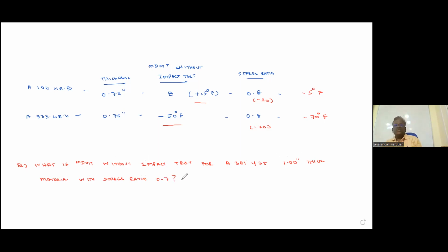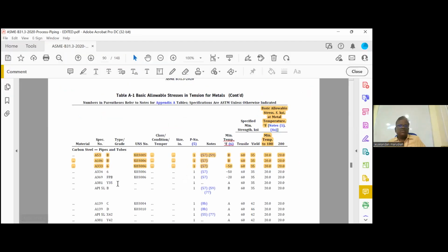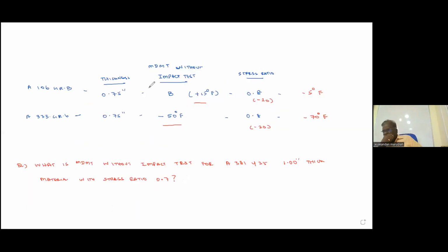Try to answer this question. A381 Y35 is in the same page only. A381 Y35 is here. Try to answer this question: one-inch thickness with the stress ratio 0.7.